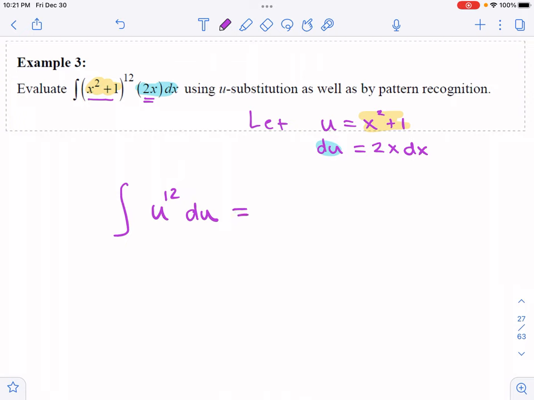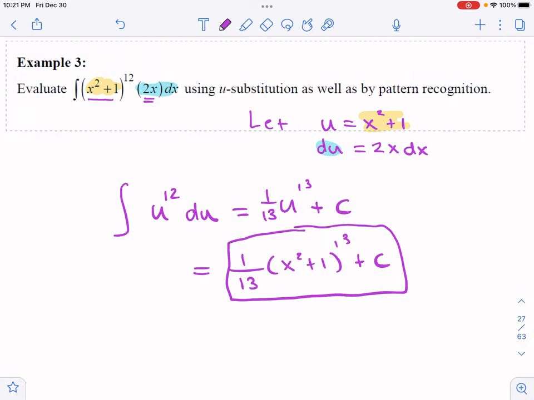Now I've made this problem in terms of u, so the antiderivative of u to the 12th is u to the 13th, times 1/13th, plus c. Then just go back and replace what the u really was. It was really x squared plus 1. So it's really 1/13th times (x squared plus 1) to the 13th plus c.